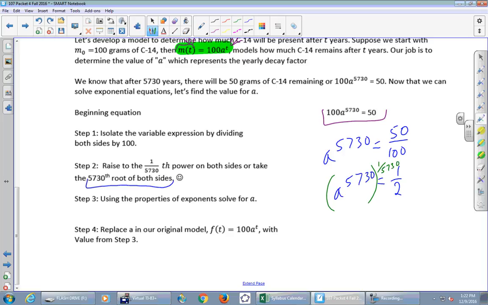You multiply and therefore they cancel. That's the goal, but you can't just do that on one side without doing it on the other side as well, okay? So on the left-hand side, we just get A, and on the right-hand side, we get 1/2 to the 1 over 5,730.